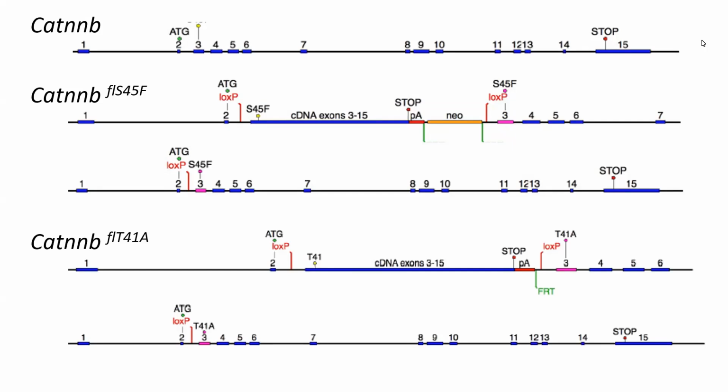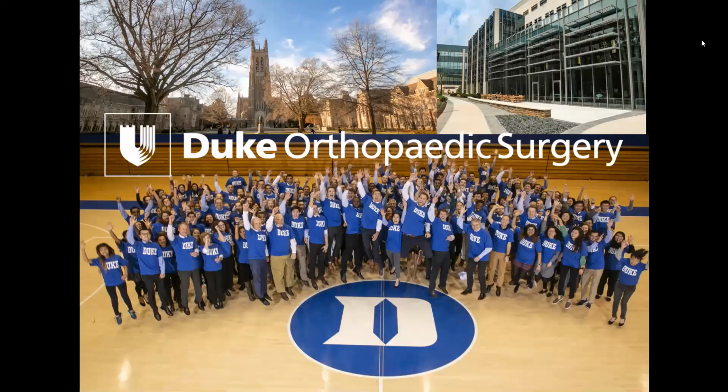Hopefully next year at this time we'll have mice that actually develop desmoid tumors. I'm disappointed that we don't have these yet, but we're really slowed down quite a bit by COVID. But we do have mice that will express these mutations and are able to be activated by Cre recombinase. So thank you for your time, and I'm open for questions.